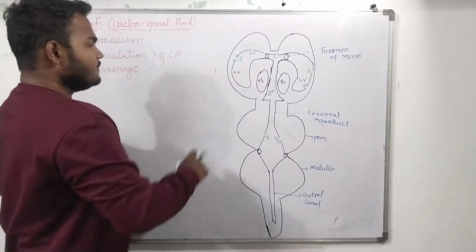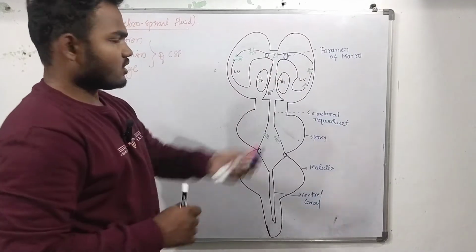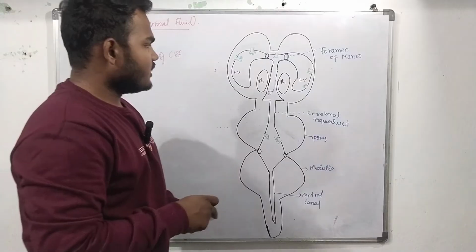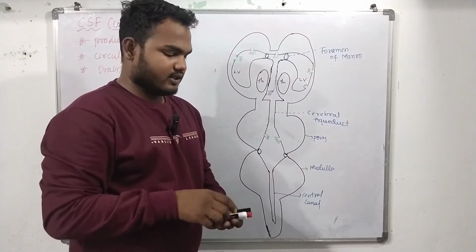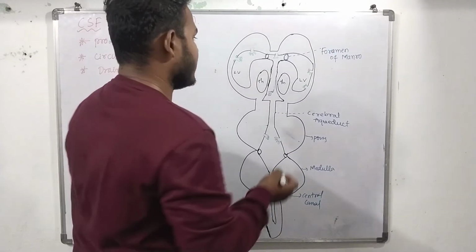Now what are these choroid plexus? These choroid plexus produce the CSF, which is eventually from the blood, from the arterial blood.